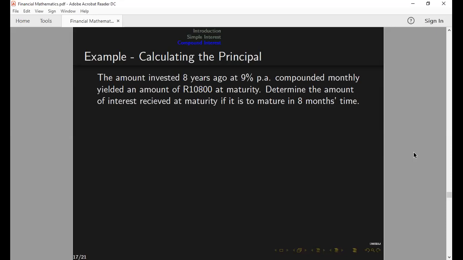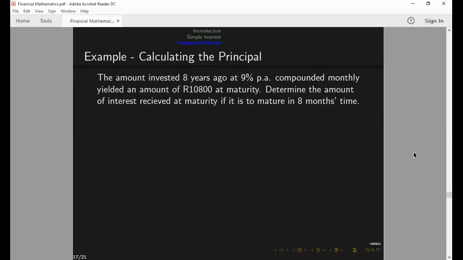Okay, 8 years ago, the investment was made. Now, the investment was made 8 years ago, but will mature in less than a year, that is in 8 months from now.